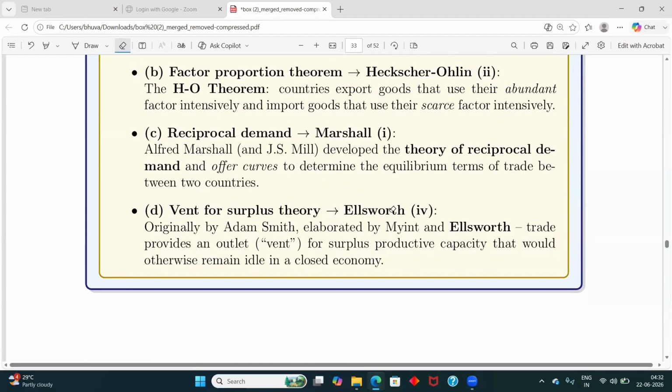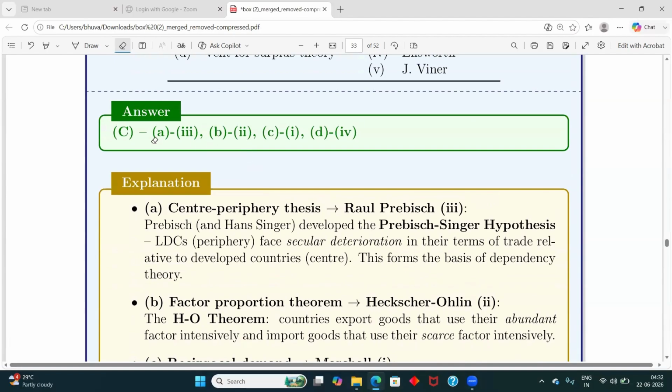The vent for surplus theory, Ellsworth: originally by Adam Smith, elaborated by Myint and Ellsworth. Trade provides an outlet, a vent, for surplus productive capacity that would otherwise remain idle in a closed economy. So option D is correct.